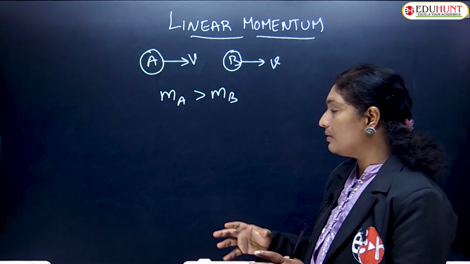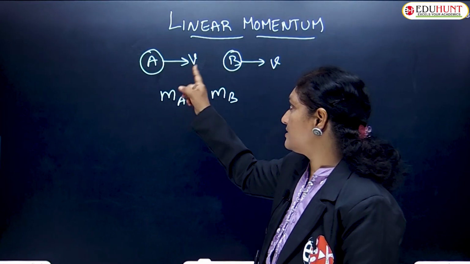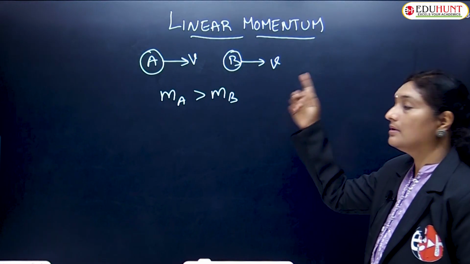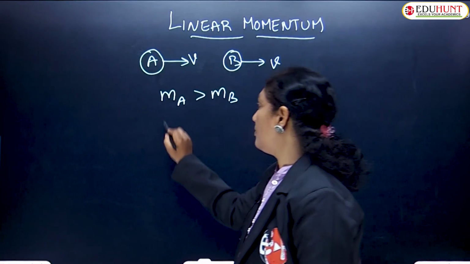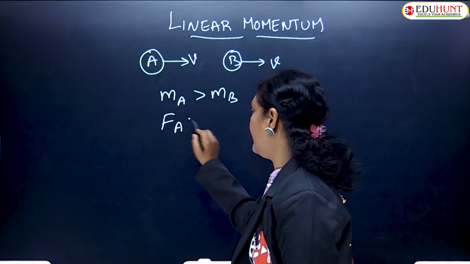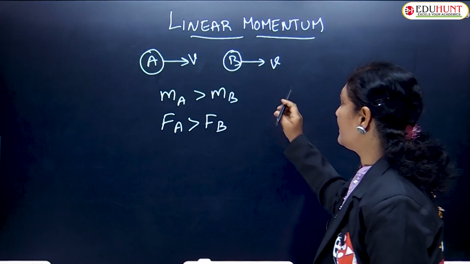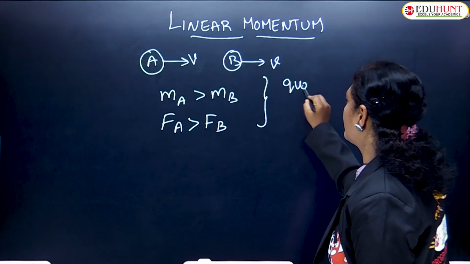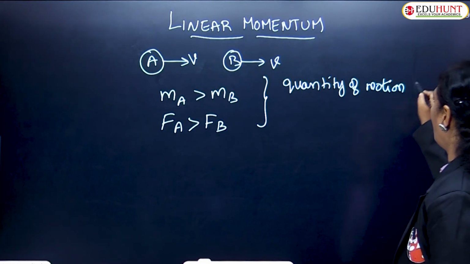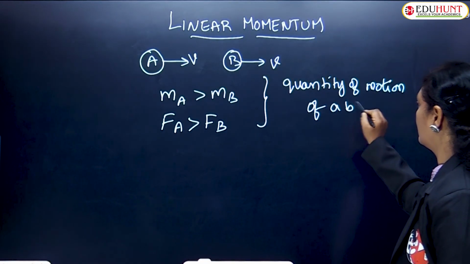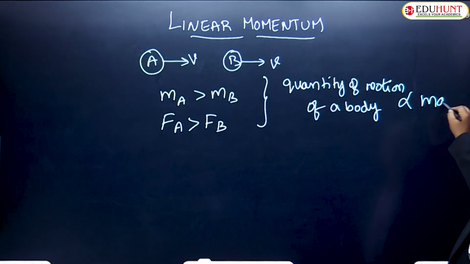Now what we observe is that the force required to stop the heavier body, that is A, will be large when compared to the force required to stop the lighter body, that is B. So from this we can conclude that the quantity of motion of a body is directly proportional to the mass of the body.